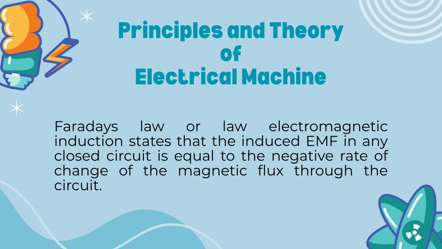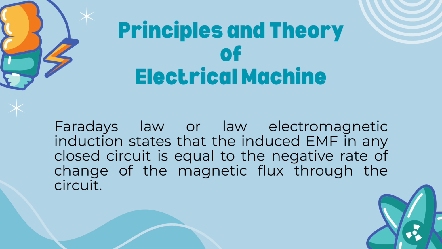Faraday's law, or the law of electromagnetic induction, states that the induced EMF in any closed circuit is equal to the negative rate of change of the magnetic flux through the circuit. So the law of electromagnetic induction stated by Michael Faraday explains how electricity is produced in an electrical machine.